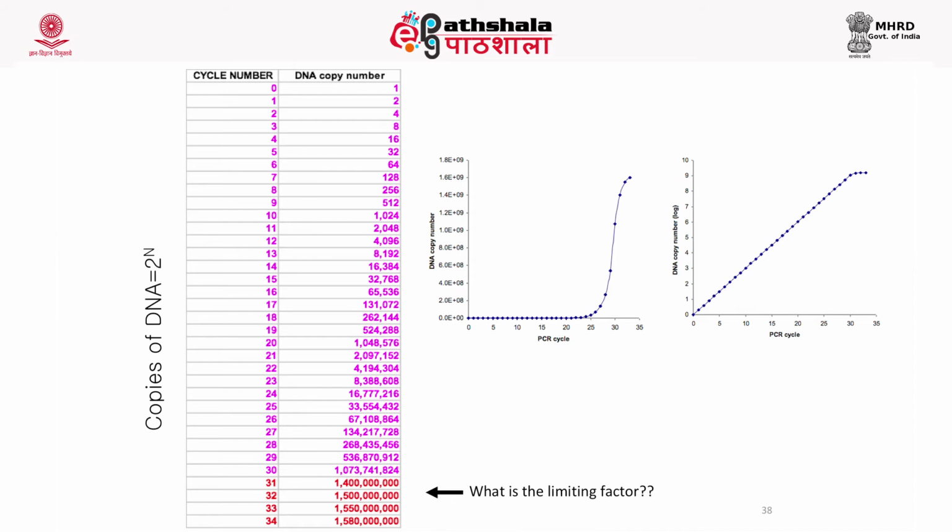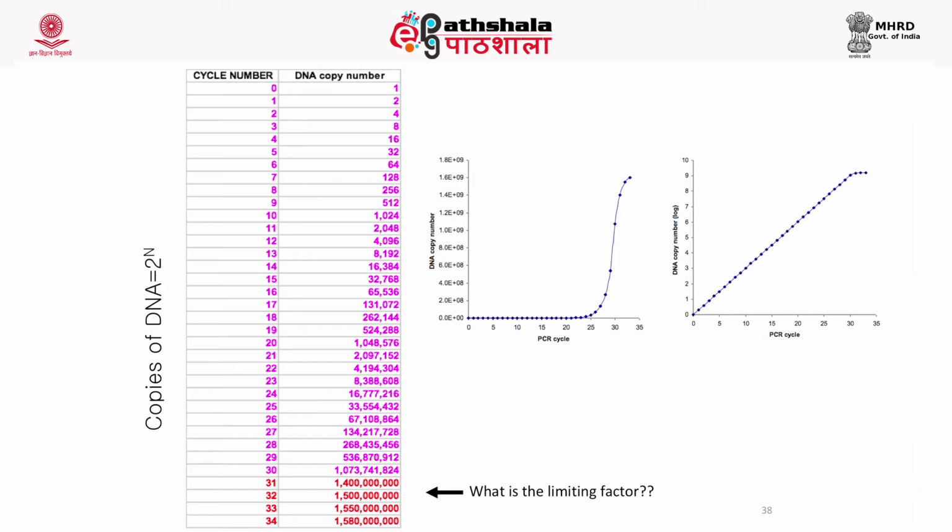In this figure, you can see that as the cycle number increases, the DNA copy number increases exponentially. So, there is exponential expansion from cycle number 1 to cycle number 30. However, after cycle number 30, the ability of exponential expansion or exponential amplification is lost.